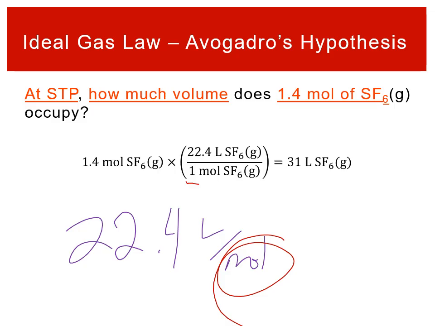So if we multiply it all out, we'd expect that our moles cancel out, which is good. And we get 31 liters as the volume of the 1.4 moles of SF6, based on the fact that each mole is 22.4 liters.